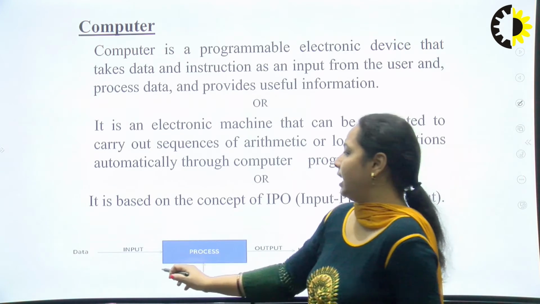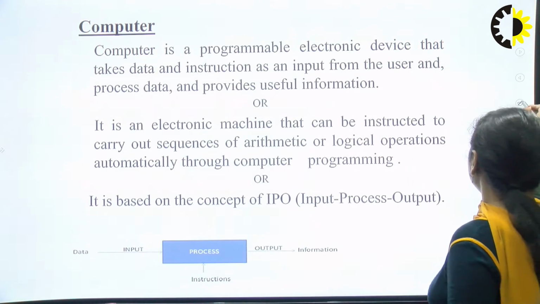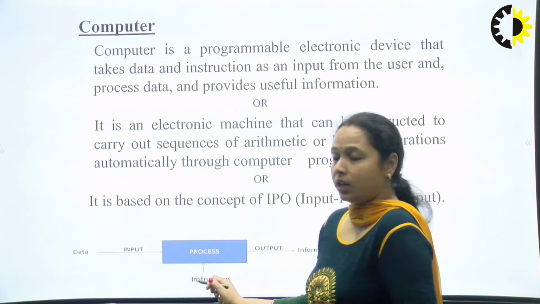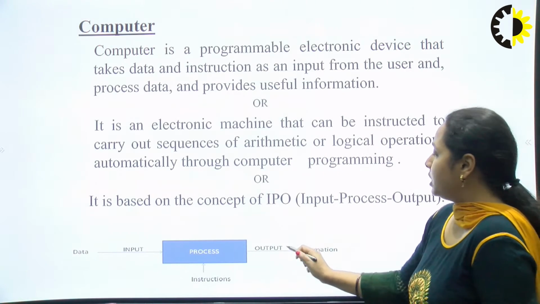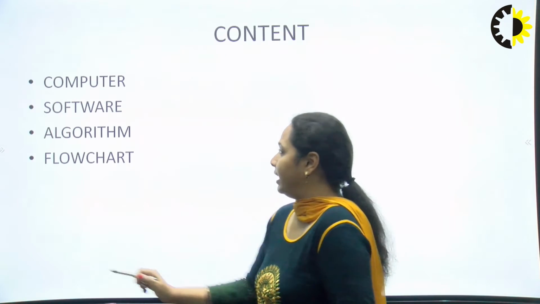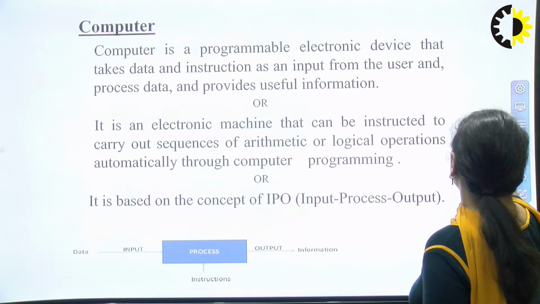As we can see in the diagram, we are providing data as input to the system, and after processing with the help of instructions, we are getting the output, which is nothing but the information. So initially we are providing data, and what we are getting is the information.